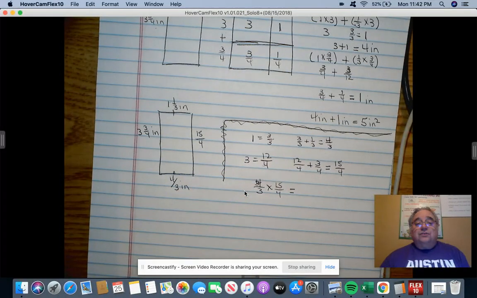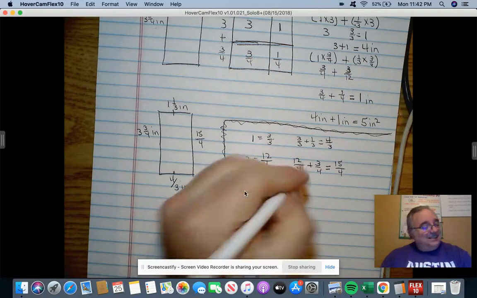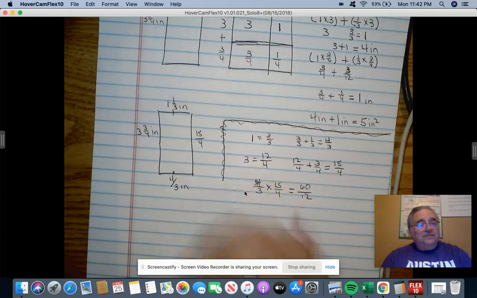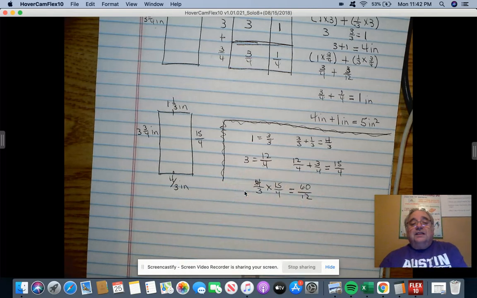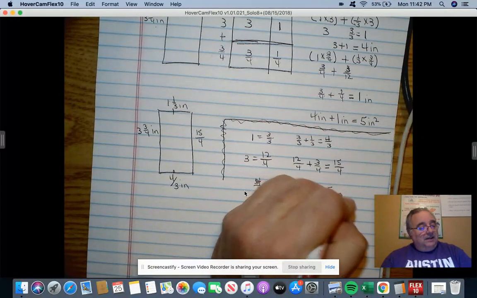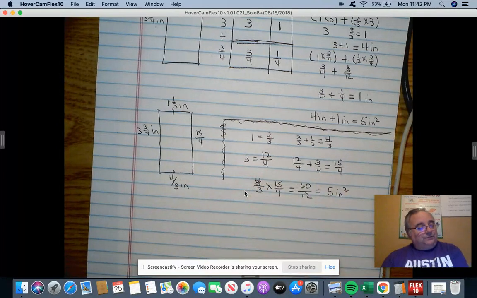That equals, pausing the video here. Excellent, yes, 60/12, which lets me know that 60 can be divided by 12. That will give me 5 inches squared.